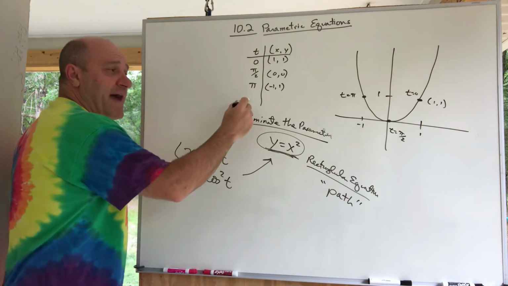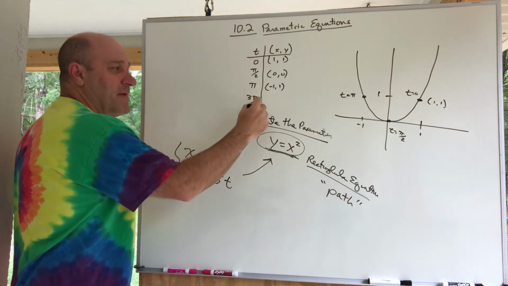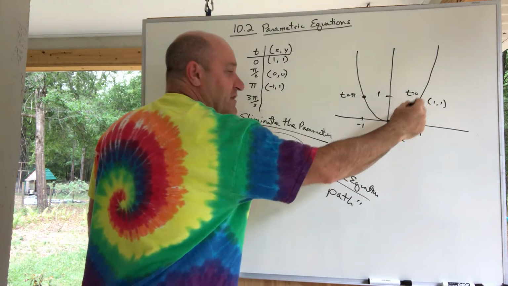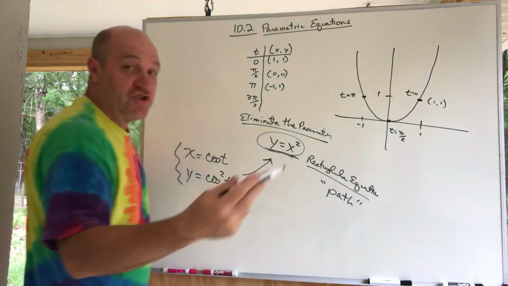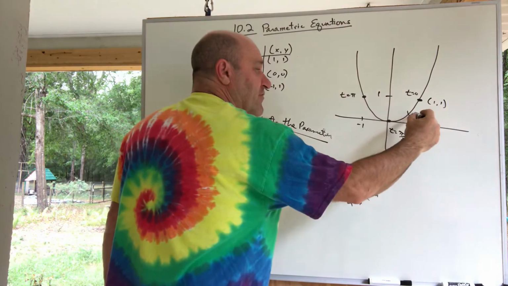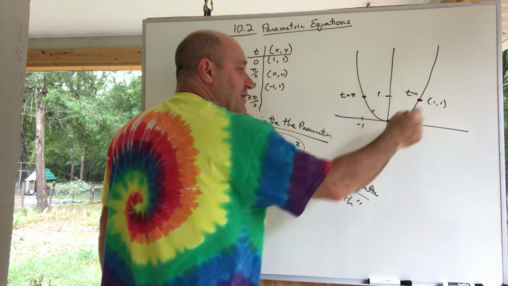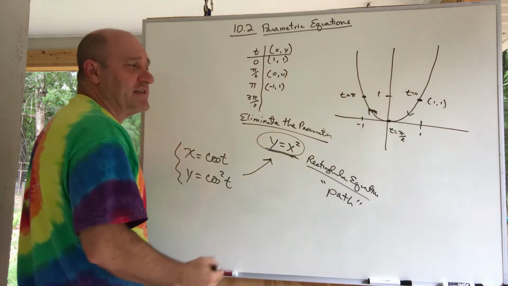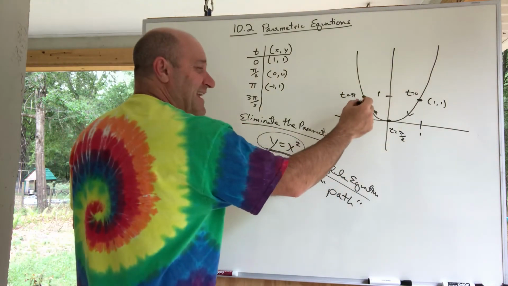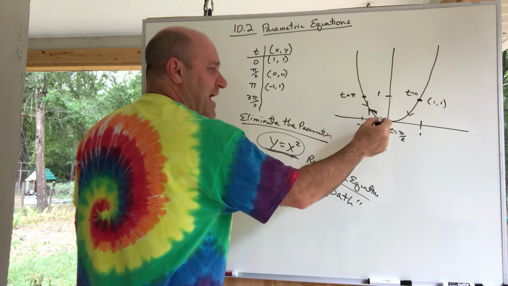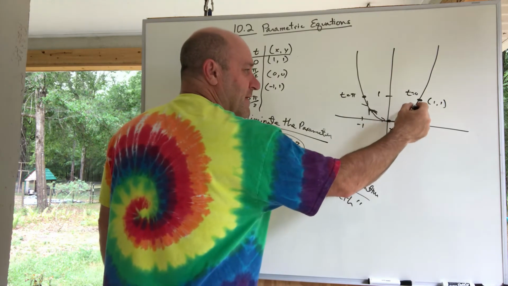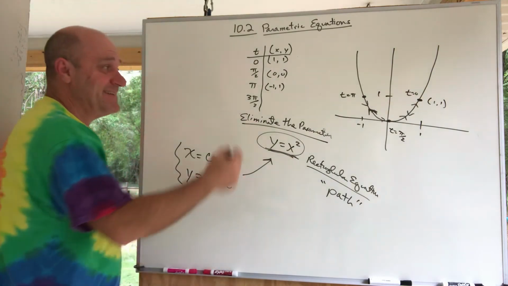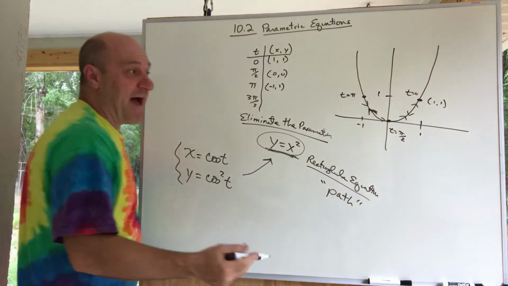What about 3 pi over 2? Oh, I start heading back that way. So I just traveled this way. If I was looking to show orientation, I'm traveling this way. I went from 0 to pi, and my arrows show the direction of increasing t. But as soon as I get here, I just turned around and started heading back. And guess what? I'm probably back to where I started when t is 2 pi.